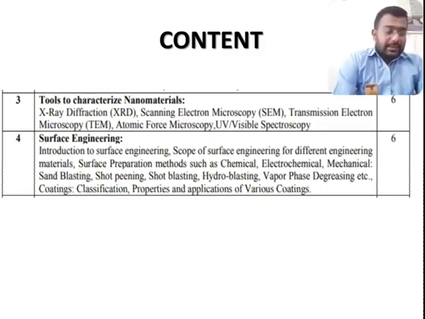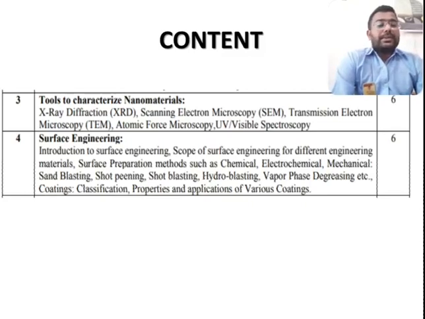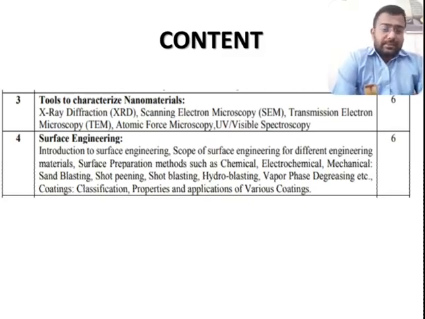There are various types of material we use for surface coating and surface preparation, so we will cover their scope in this topic. The third topic covers shot peening, shot blasting, hydroblasting, vapor phase degreasing, etc.